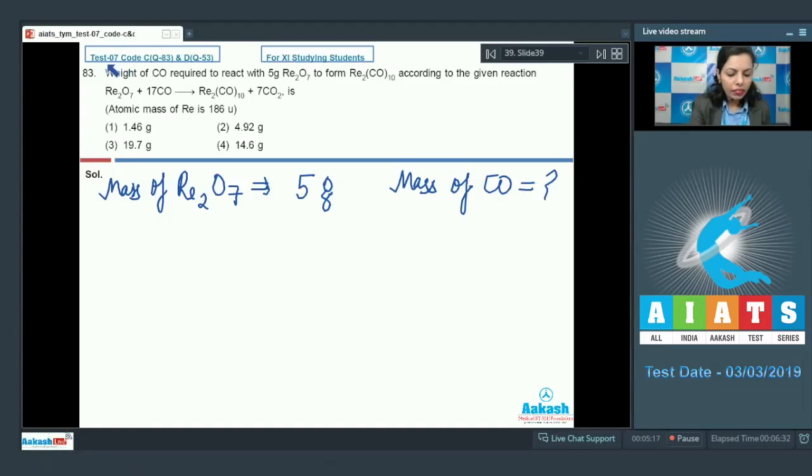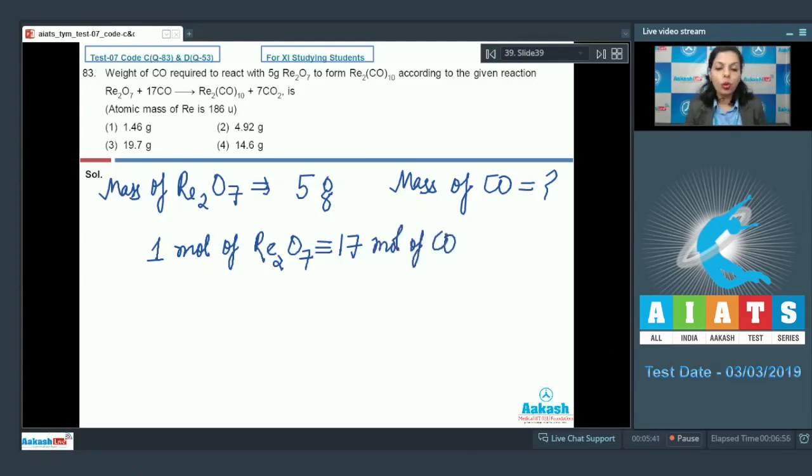Now as you look at the given reaction, you will see here is Re2O7, 1 mole is given, 17 mole of CO are required for the process. So as per the reaction, 1 mole needs 17 mole of CO. Now mass is given, that is 5 gram. So moles of Re2O7 in this case are 5 divided by its molar mass.